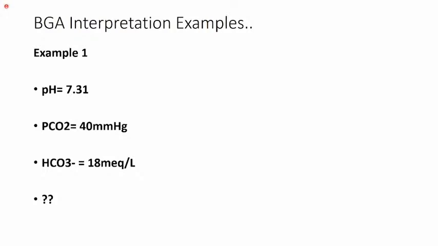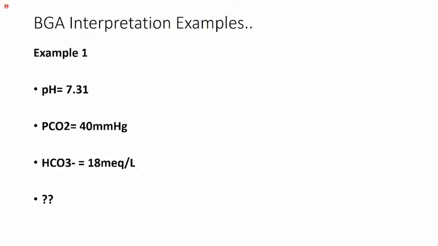Next, you look at the PCO2. Now, with an acidosis, if it is respiratory, you expect the PCO2 to be high. So you look at your PCO2 and it is 40. So you quickly remember that normal PCO2 is between 35 and 45. So the PCO2 is normal.